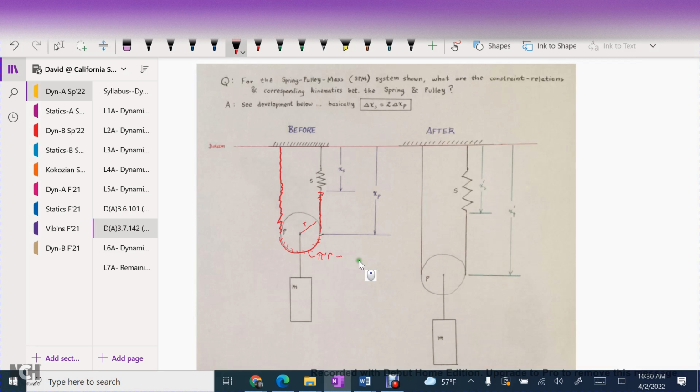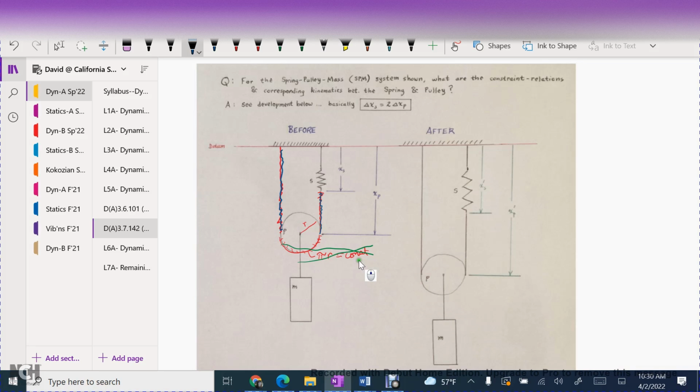But this is just a constant. And remember that we're not really interested in things that are constant. So let me just go ahead and get rid of anything that is constant. I'll just cross that part of it out. And let's come up with, in blue, the equation that describes this segment of the rope and this segment of the rope.